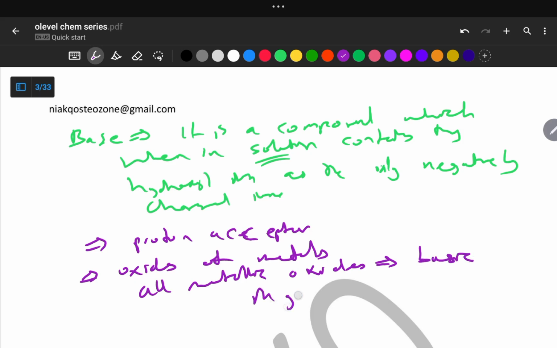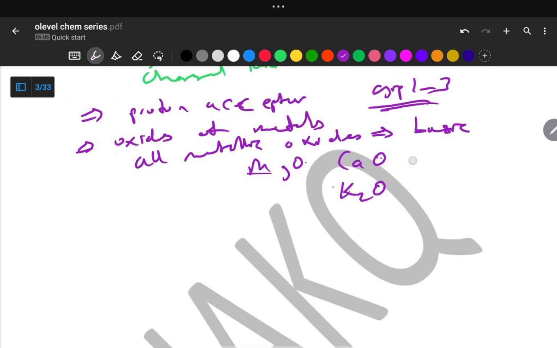For example, magnesium oxide, calcium oxide, potassium oxide, and so on. Right? So first you should be able to identify whether the element is a metal or a non-metal using the periodic table, right? So from group 1 to 3, these are the metals. Are we together?